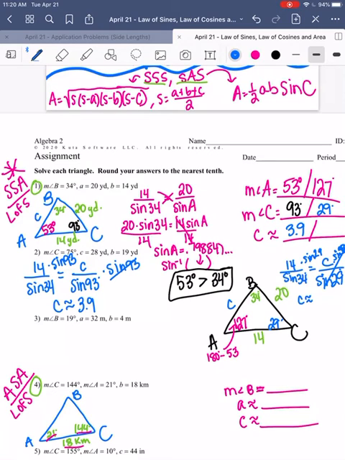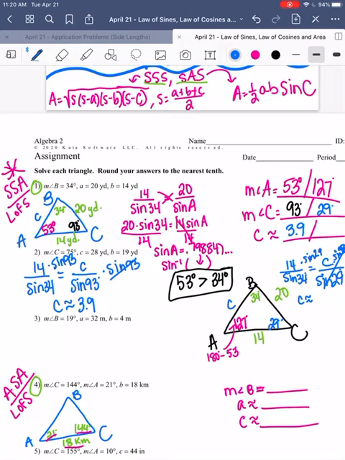I'm glad I checked because I just got something different. All right, I'm getting 25. So you can see how I was about to go check myself?